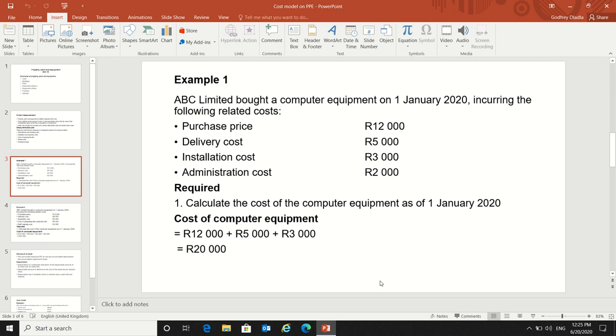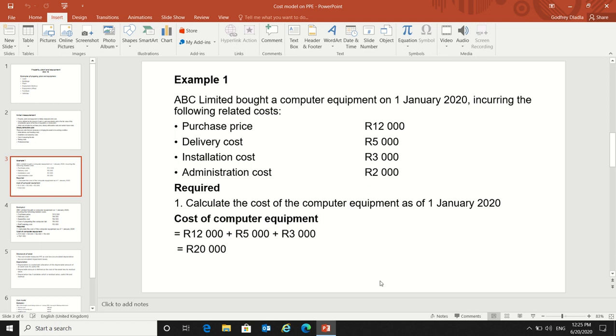Now, what we need to do here is to look at all these four costs and say, how basically will I calculate my cost of this asset? Right. Now, purchase price, yes, it is part of the cost of the asset. Delivery cost, yes, because this computer must be delivered.